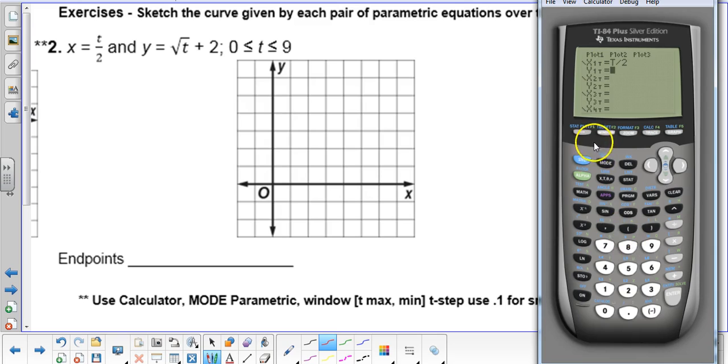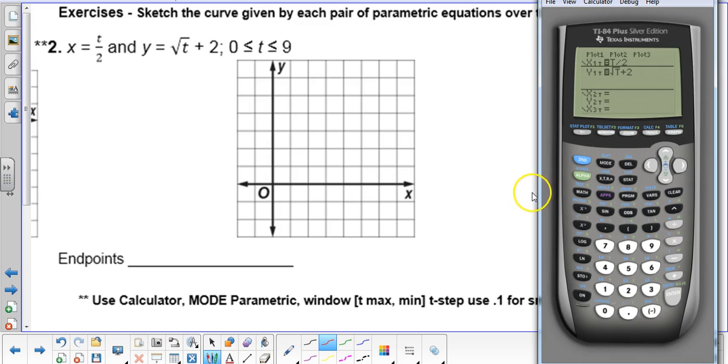And for Y, we're going to put the square root of T plus 2. And if you have the older calculator, you have to close the parenthesis. The newer ones, you just go out of the little box to put your plus 2. Everybody getting where to get the T? Everybody's doing this. Those of you who aren't doing this, don't ask me later because this is the time.